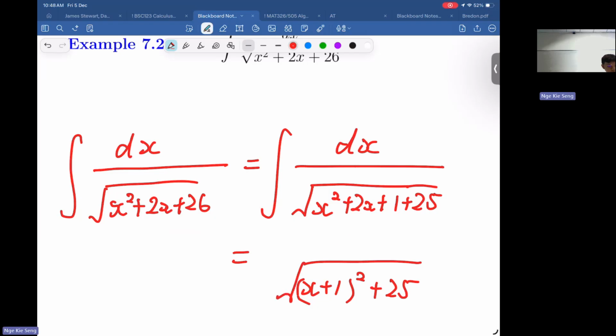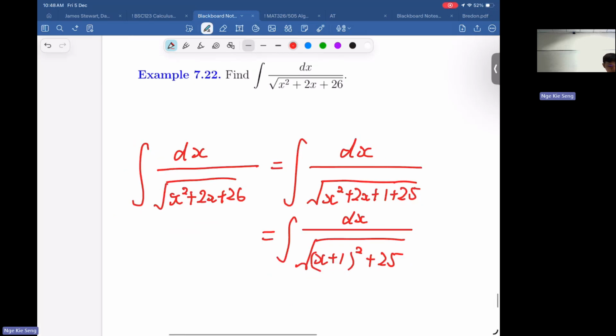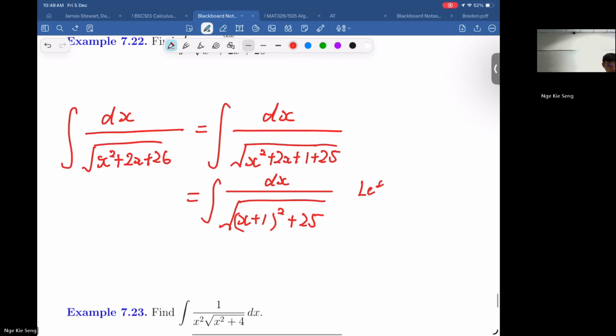So instead of x, the variable becomes x plus 1. In this case, you will let x plus 1 equal 5 tangent theta. And then you continue from here.